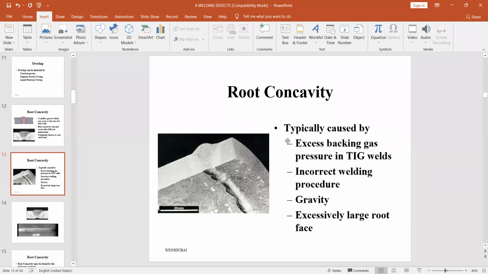Now, causes of that: excess backing gas. So what is backing gas? Generally, if you are doing pipe welding without any gas, then the environment also has different gases, and those gases will damage your weld.